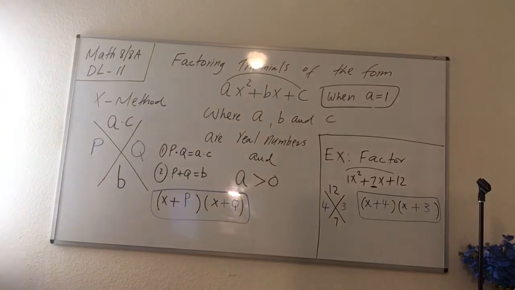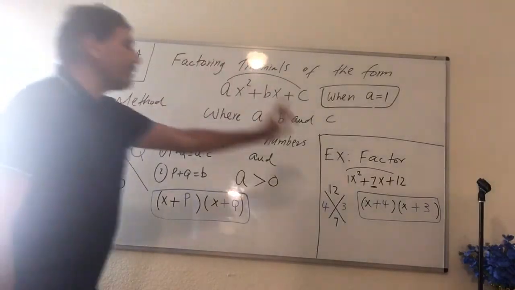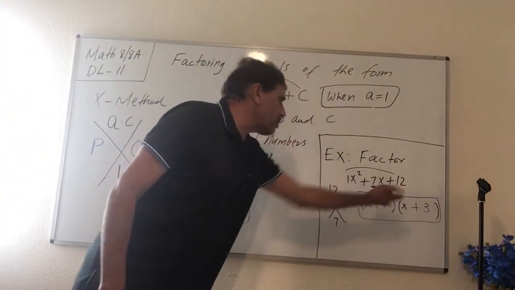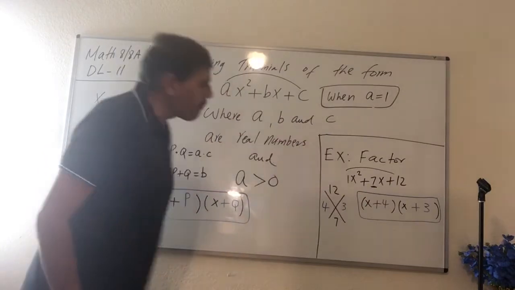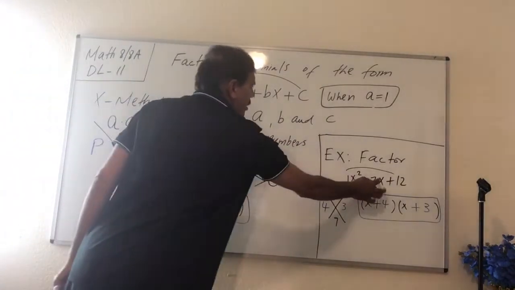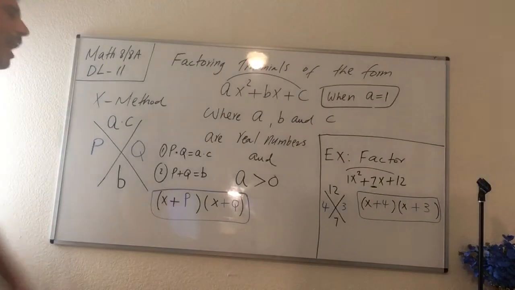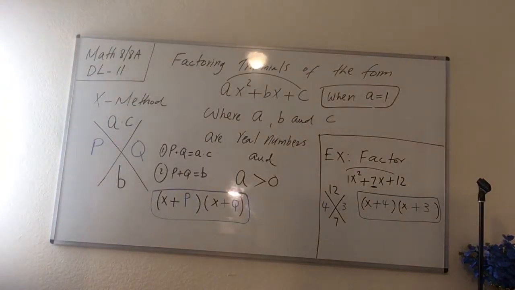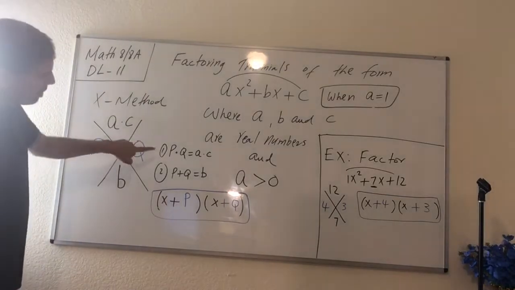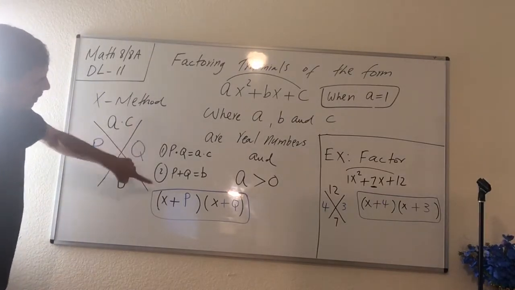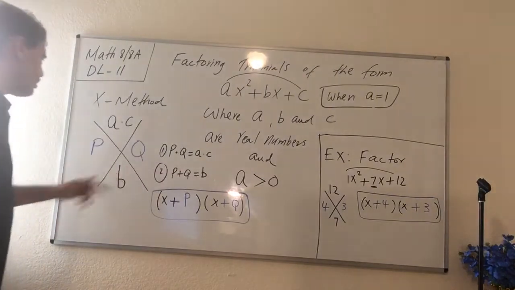Keep in mind, you multiply the leading coefficient by the constant, which always goes on the top, and the number in the middle goes at the bottom. Then you think of two numbers: when you multiply, they give us the top number, and when you add, they give us the bottom number. You will see there's only one combination. So before you write the answer, you must think both ways.